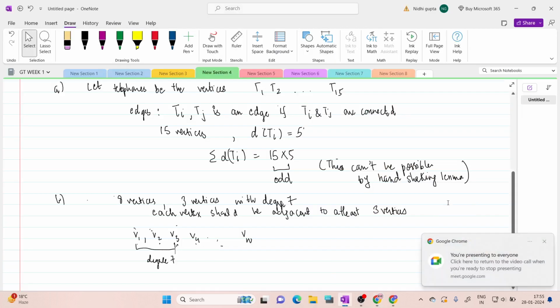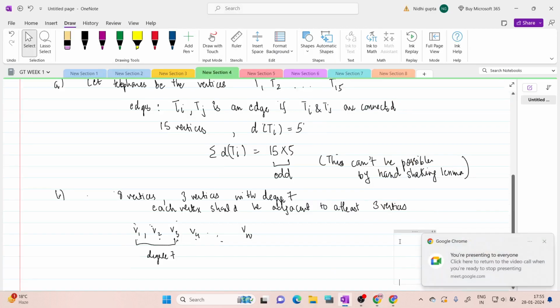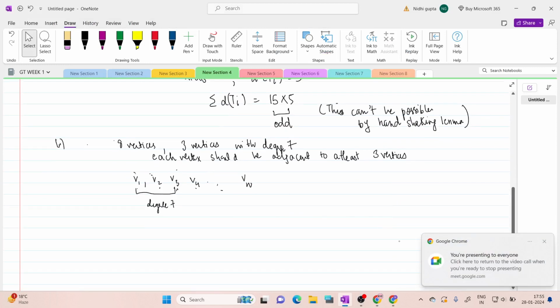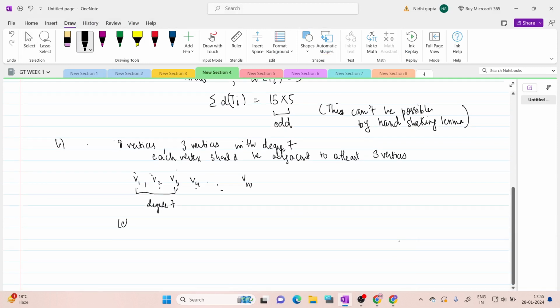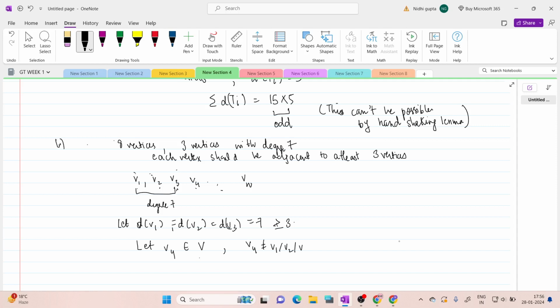This is a proof only. So I'm just saying, let d(v1) equal d(v2) equal d(v3) equal 7, which is already greater than or equal to 3. Let v4 belong to the vertex set such that v4 is not equal to v1, v2 or v3.